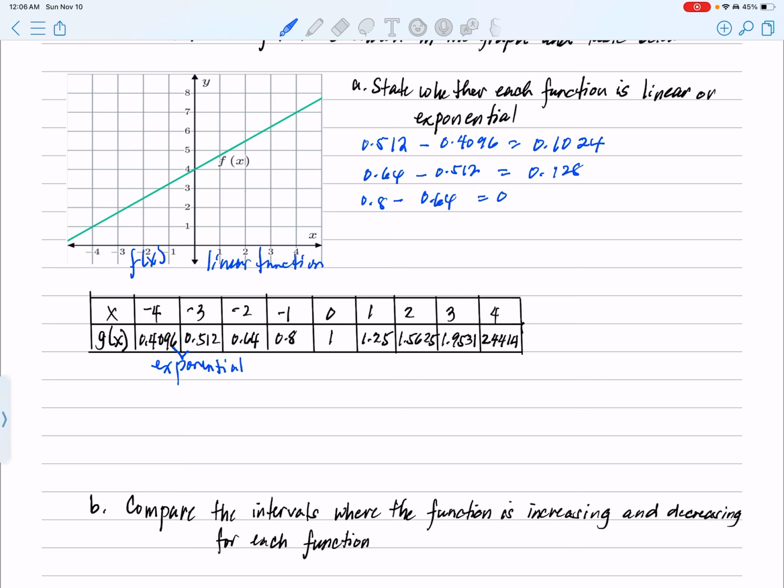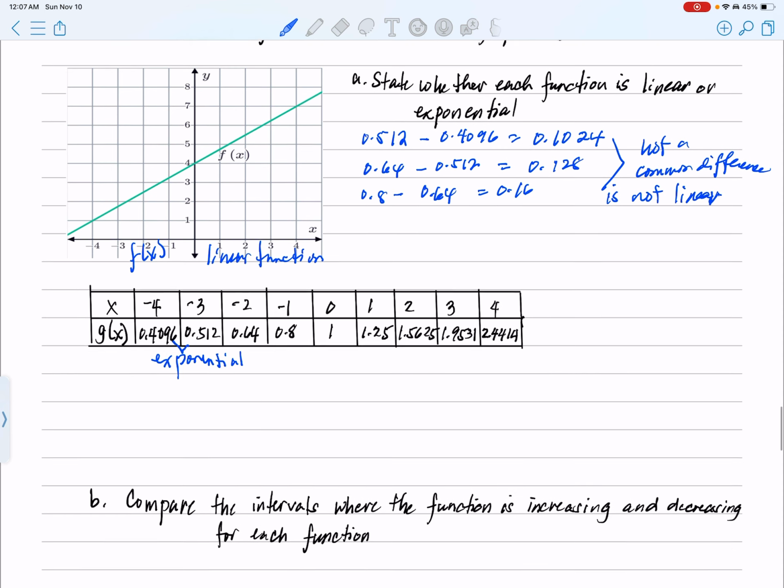So this is not a common difference. In other words, this function is not linear because the difference is not common, even though we proceed and so on, still it's not common.